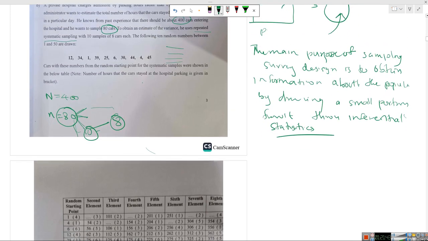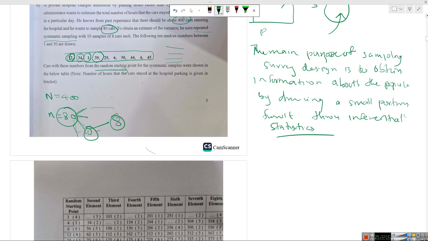Now they have given some values here, 12, 34, 1. These are the car numbers from the random sampling starting points of systematic sampling. For each sample we use a random table. For the first sample we take the 12th car as the starting point, for the second sample the 34th car, for the third sample the first car, and for the fourth sample the 39th car, and so on.